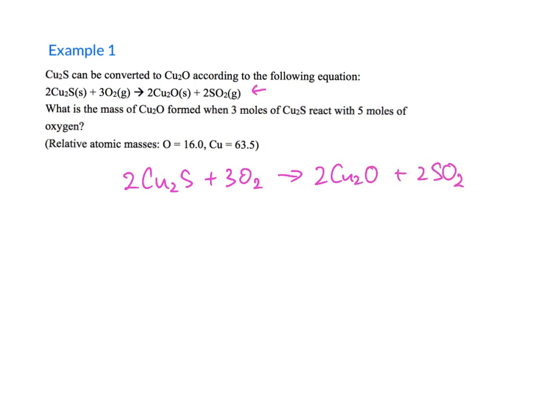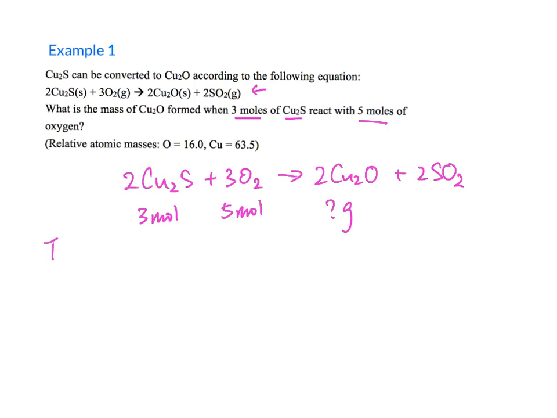The question is saying that, when 3 moles of Cu2S, so you have 3 mole here, and 5 moles of oxygen. This question is simplified: it doesn't require you to calculate the number of moles of A and B, but the target is the mass of Cu2O. So we can directly jump into the statement form.